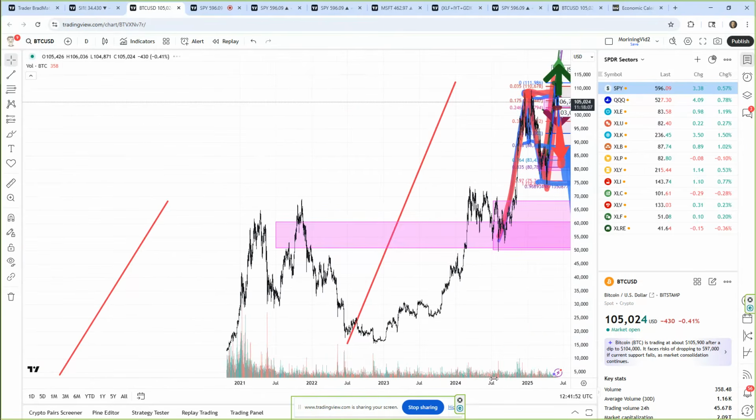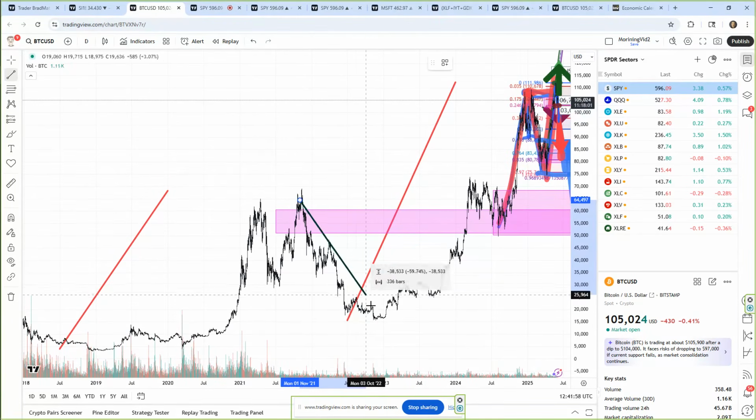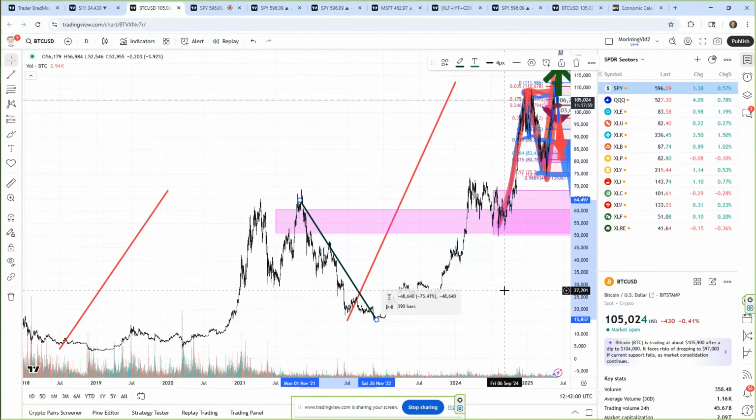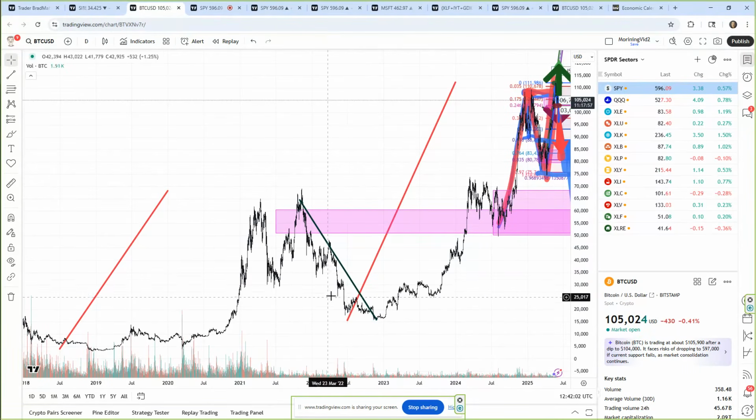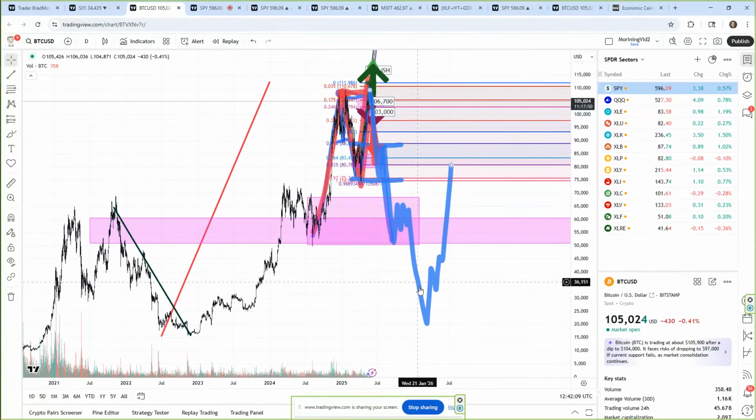Very similar to back over here, setting up this kind of a double topping and rolling into a very solid, potentially 65 to 75% downtrend. So there's our 75% downtrend. If this rolls, we could roll into this potential 70, 75% downtrend.